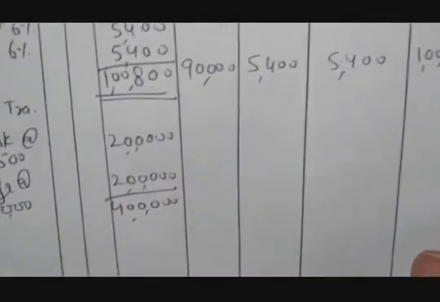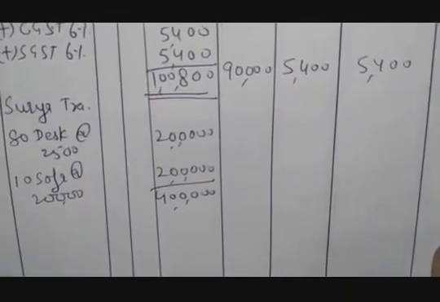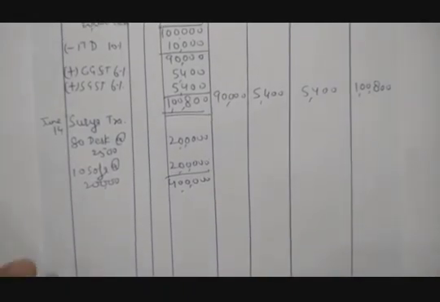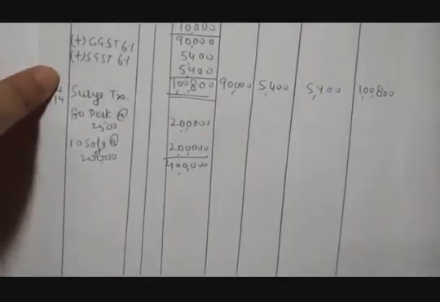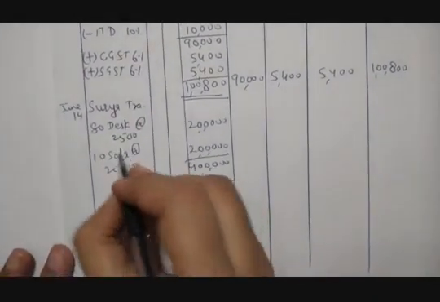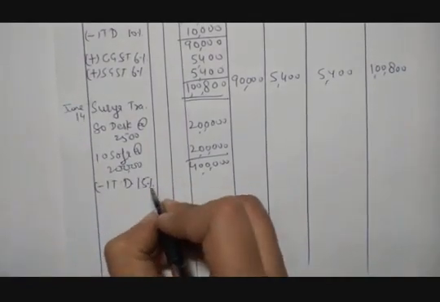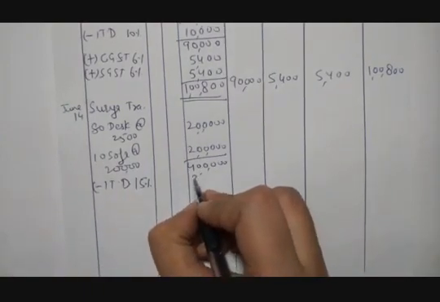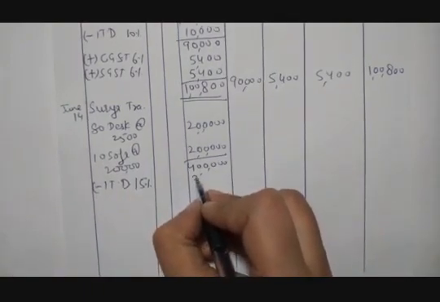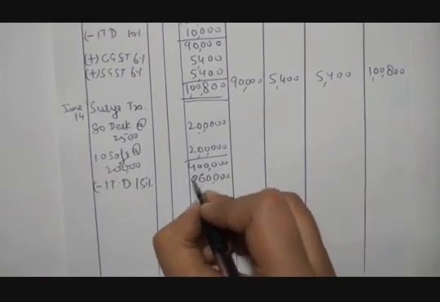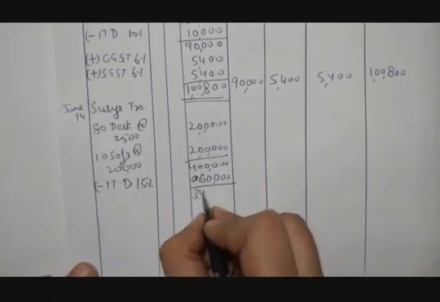Now what to do? Now beta, we will have to deduct and add trade discount and we will include trade discount as well as CGST and SGST both. So first of all, we will have to deduct trade discount from it, minus trade discount, that will be 15%. So that is 15% of it. So it will be 60,000. Fine. So here it will be 3,40,000.